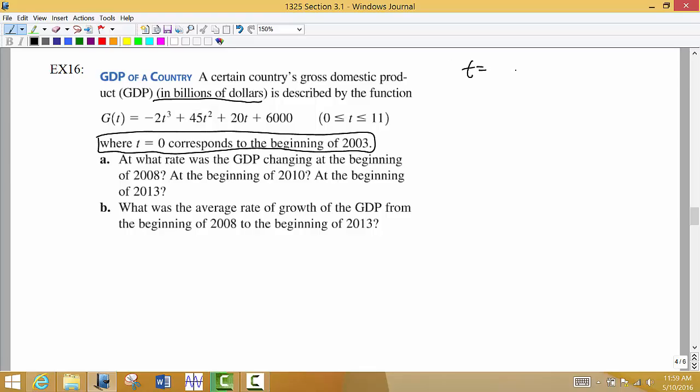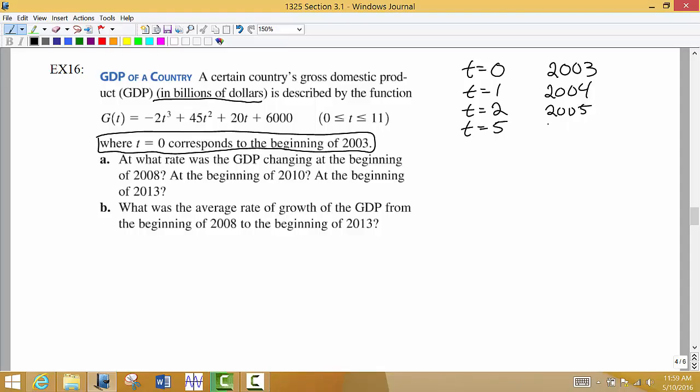Let's write a couple of values out. t equals 0 corresponds to the year 2003. t equals 1 will correspond to the beginning of 2004. Basically, t represents the years after the beginning of 2003. t equals 2 would be 2005.